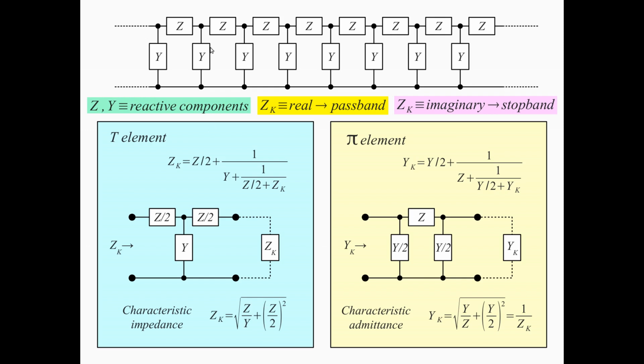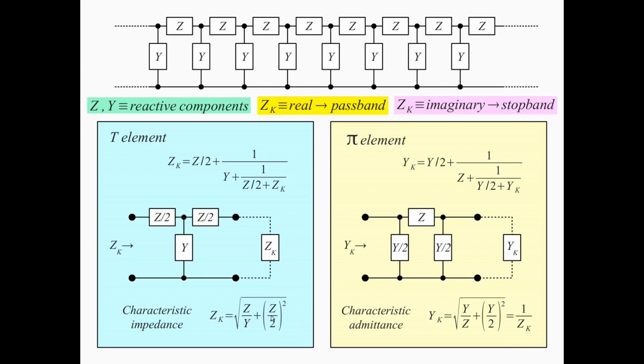While a filter network, a ladder network with finite size Z and Y branches, has a characteristic impedance that has this term together, and this term here actually brings us some frequency dependence. When this term grows larger than these terms here, the square root becomes of a negative value, the square root becomes imaginary, and then Zk is imaginary.